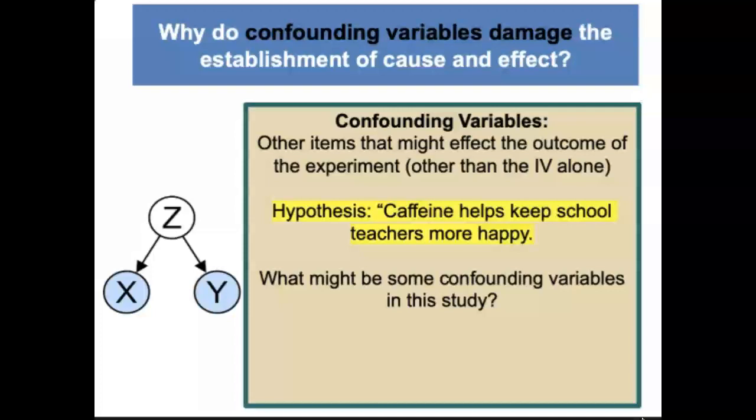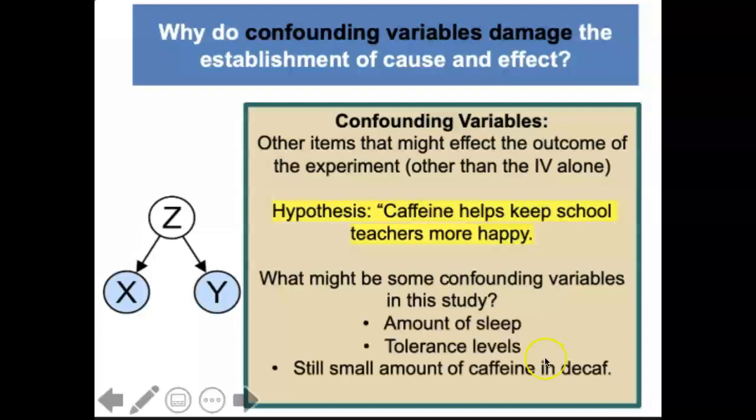So if we look at this hypothesis, caffeine helps keep school teachers more happy, all right? How do I hold that constant? And I've got to take into consideration that there might be other confounding variables, right? And that could be any of these three, right? The amount of sleep that person had the night before, could be just their tolerance level.